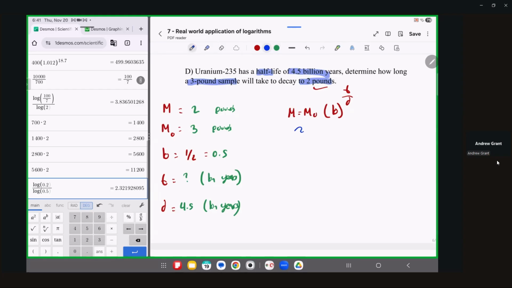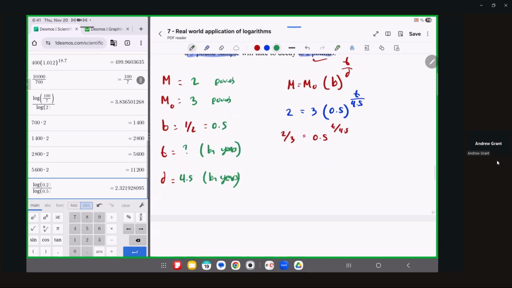So we're going to be solving for a mass here of 2 is equal to the initial mass, which is 3, times 0.5 to the power of t over 4.5. We've already solved this kind of equation. Divide both sides by 3, so we end up with 2/3 is equal to 0.5 to the power of t over 4.5.